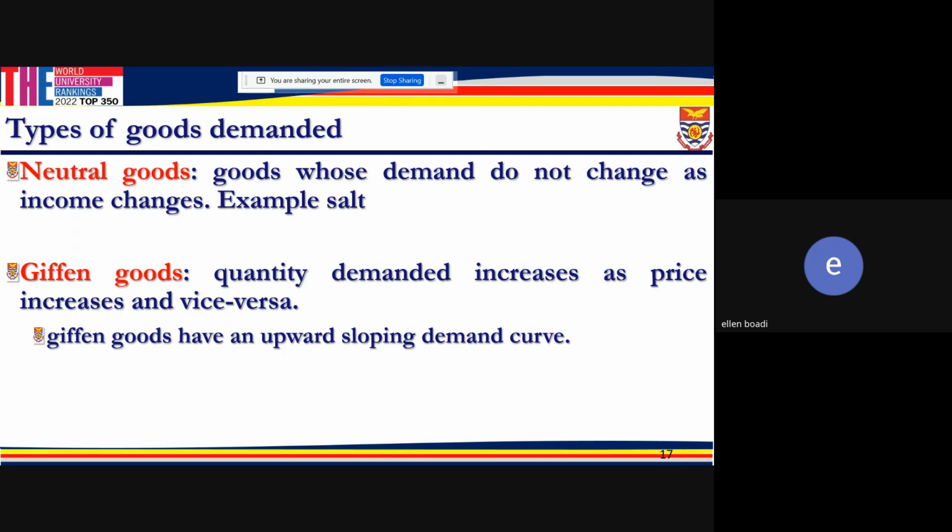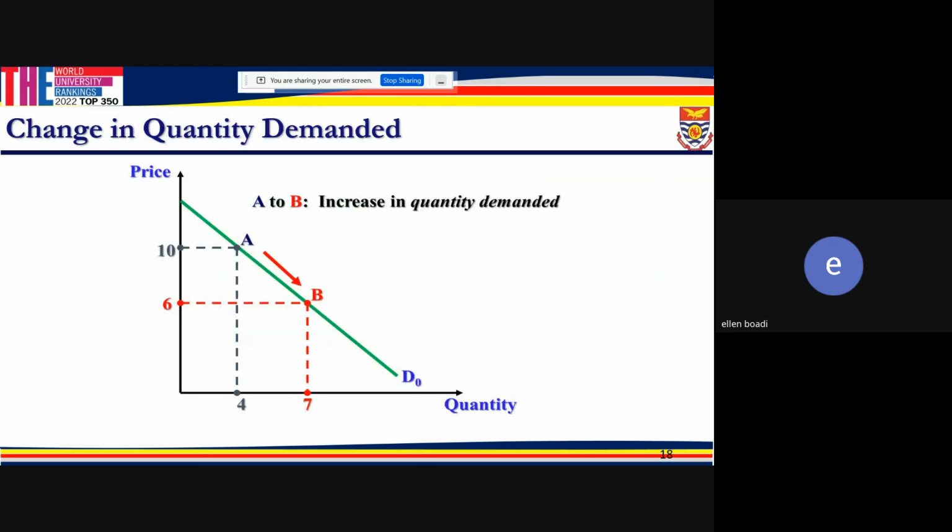It means that we were holding all the other factors, like taste and preference and income, constant. When we hold them constant, we're able to observe just the relationship between price and quantity.